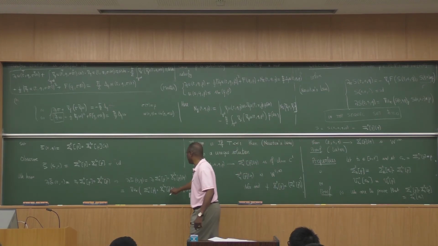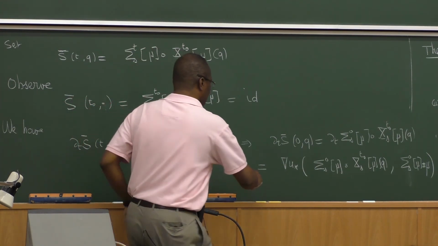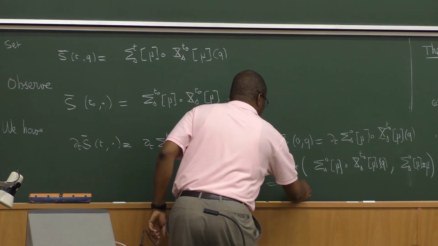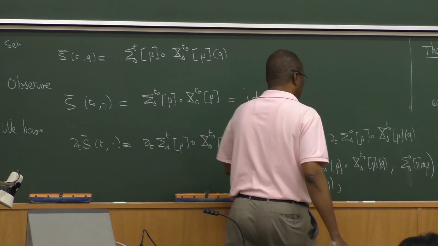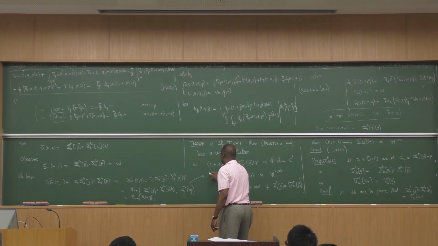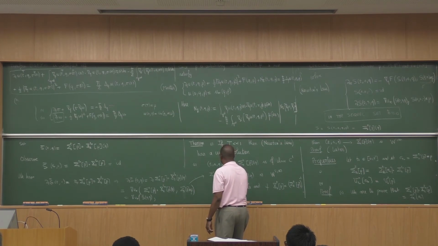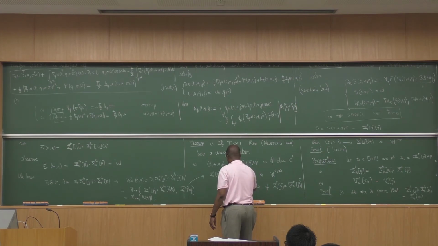Now compare this to that. You see that it is gradient U star S bar 0 Q. And this second one, I am going to write as sigma S 0 mu, composed with S T naught mu, composed with the inverse. So I'm composing sigma S T naught mu.